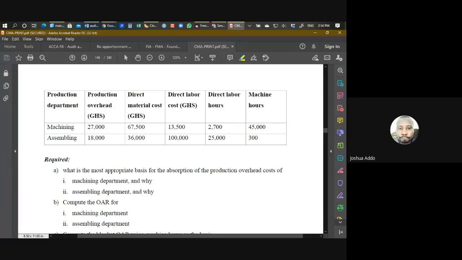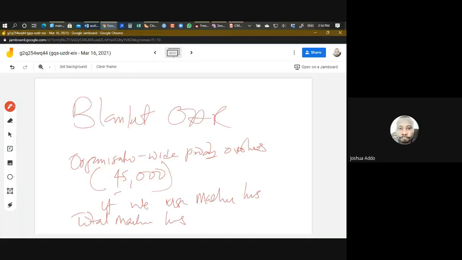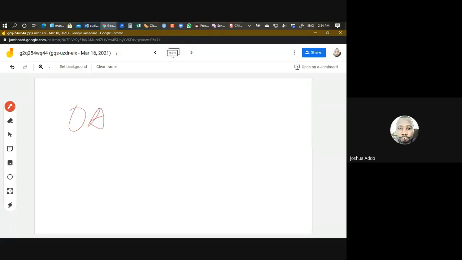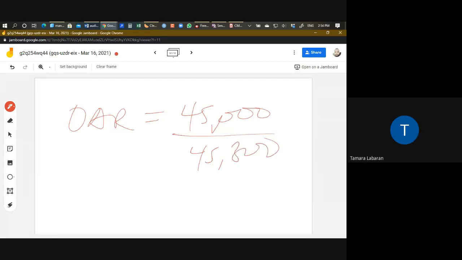That would be 45,300, right? Yes, sir. Okay, so in that case, our overhead absorption rate will be 45,000 production overhead costs divided by 45,300, the total number of machine hours. What will this give us?